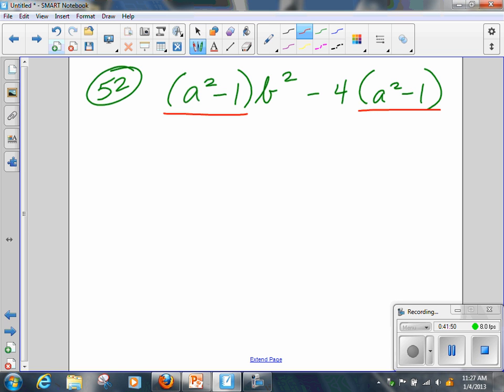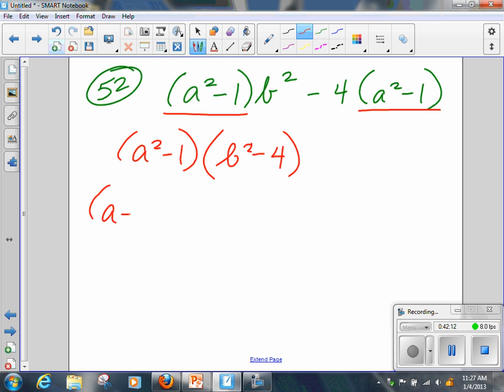There we go. What are we left with? What are we left with, y'all? Come on. B squared minus 4. And now what? Are we done? Done. Circle it. Done. No, why not? What do we have? 2 differences of squares.